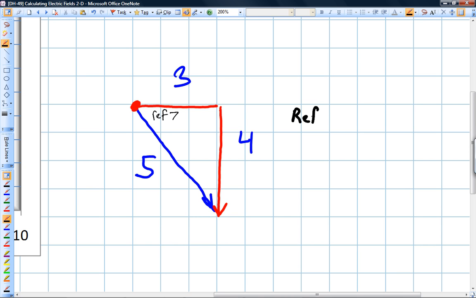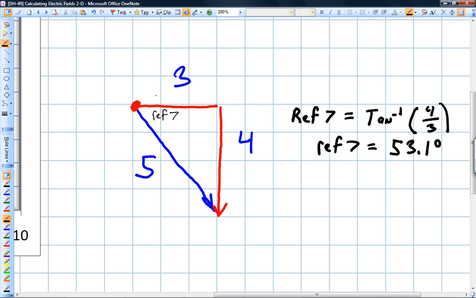So that reference angle is going to be equal to the inverse tangent of 4 divided by 3. And when you do that, that's going to give you a reference angle that is, I did the math ahead of time, 53.1 degrees.